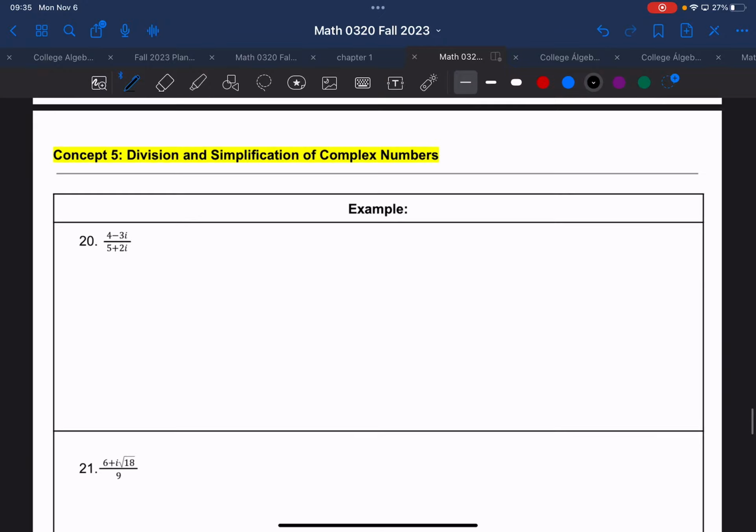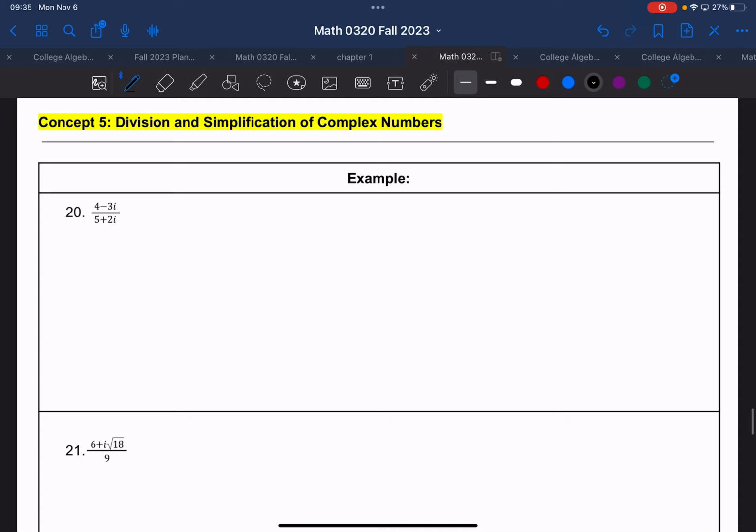Last concept here is how to divide and simplify complex numbers. So the way we do this is going to look similar to when we are multiplying by a conjugate. So in order to get rid of the i's out of the denominator, we're going to multiply by the conjugate.